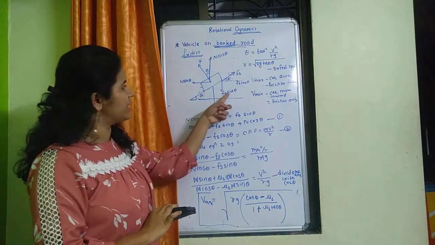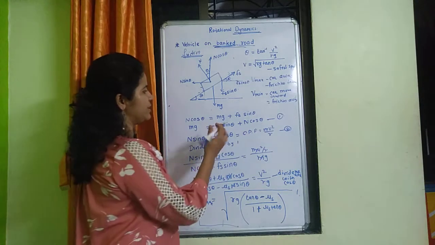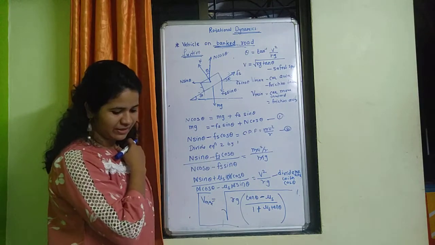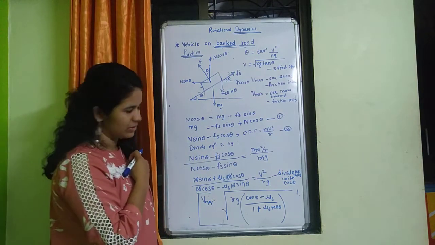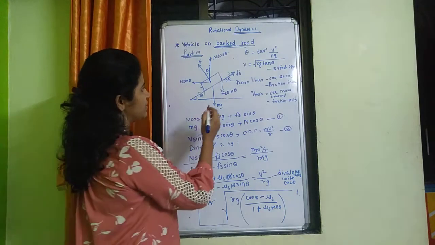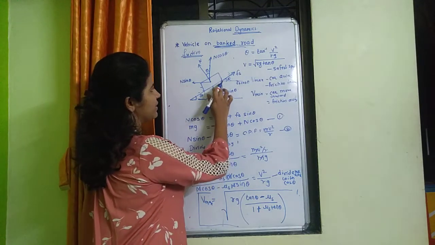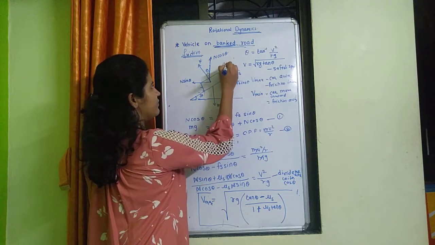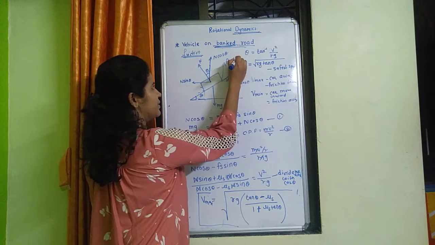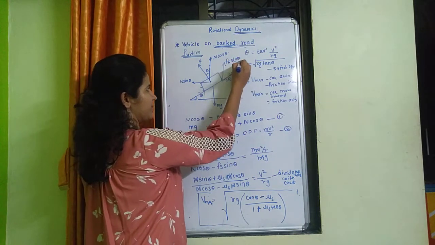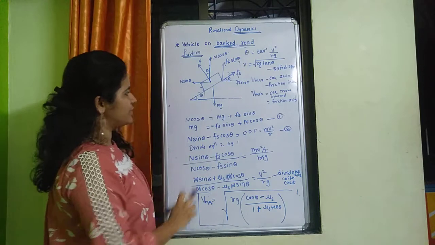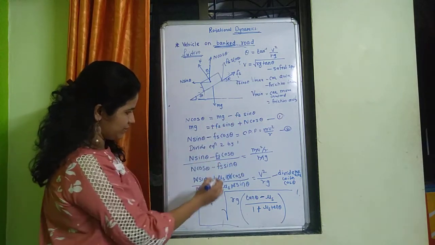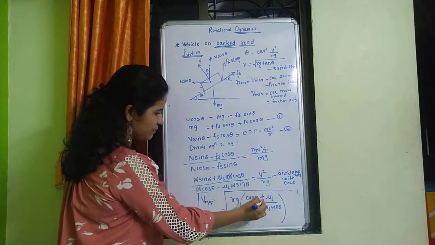And Fs sin theta is also downward, so that is plus Fs sin theta plus mg is equal to this one. Wait, the Fs cos theta component is the horizontal component and Fs sin theta is the vertical component. So it becomes equivalent this way, right? So Fs sin theta is again minus, so it becomes plus, and this equation has a plus.